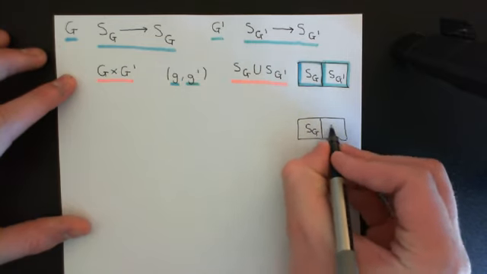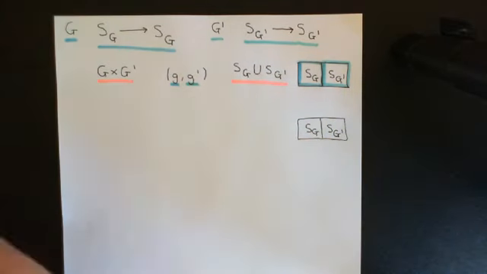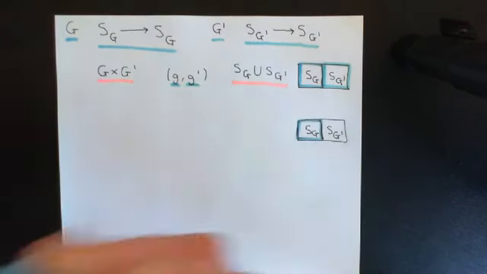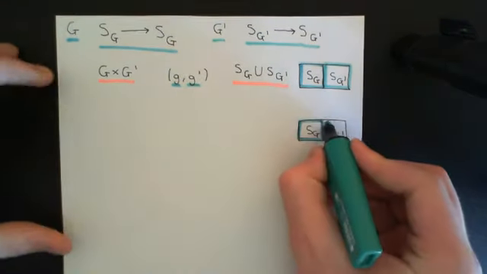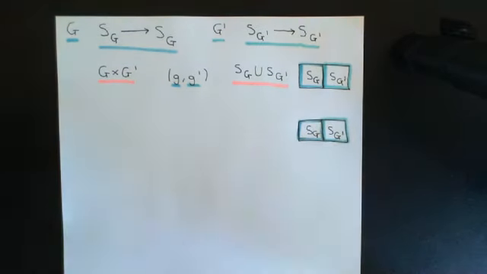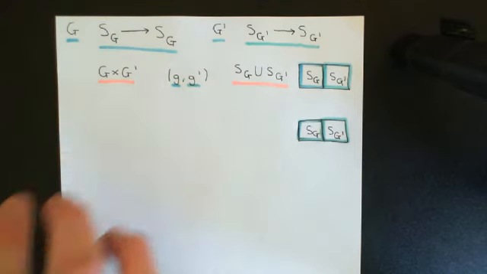There's the SG portion, and here's the SG prime portion. I'll colour them in once again: the SG portion in blue and the SG prime portion in turquoise. And hopefully you might be able to guess how I'm going to define the set permutation that we'll associate with this element.